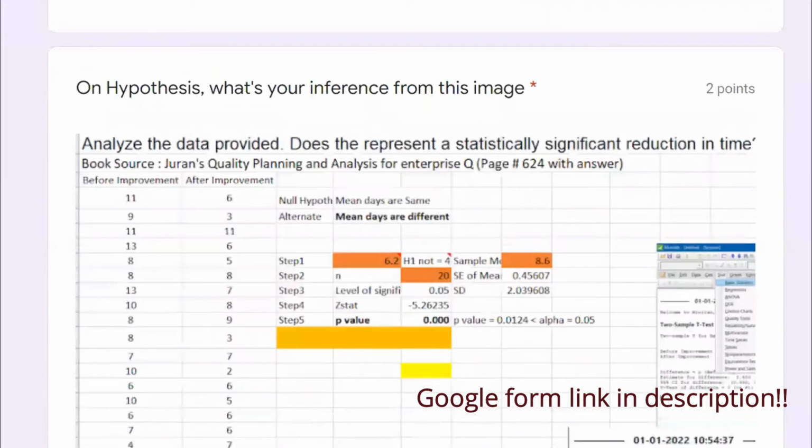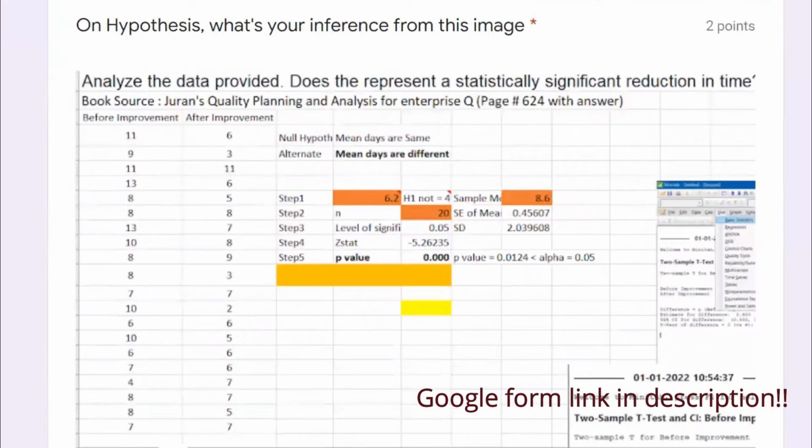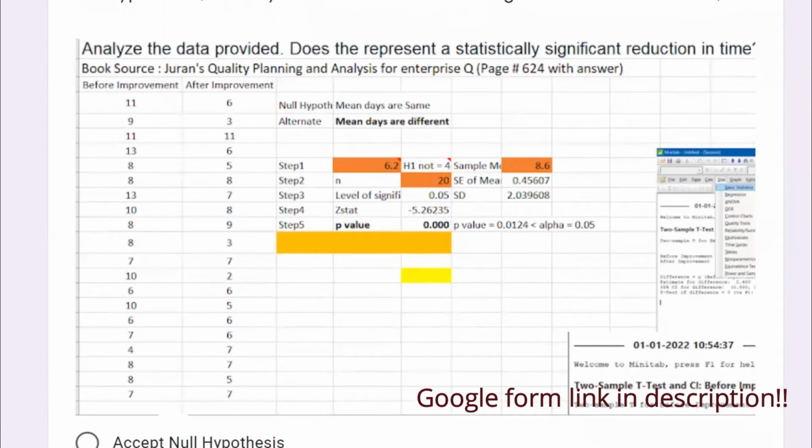On hypothesis, what are your inferences from this image? You can see that the p-value is 0. That means if the p-value is 0 or low, less than 5%, then we are rejecting the null hypothesis. That means what we are concluding is that the before and after process has a difference.